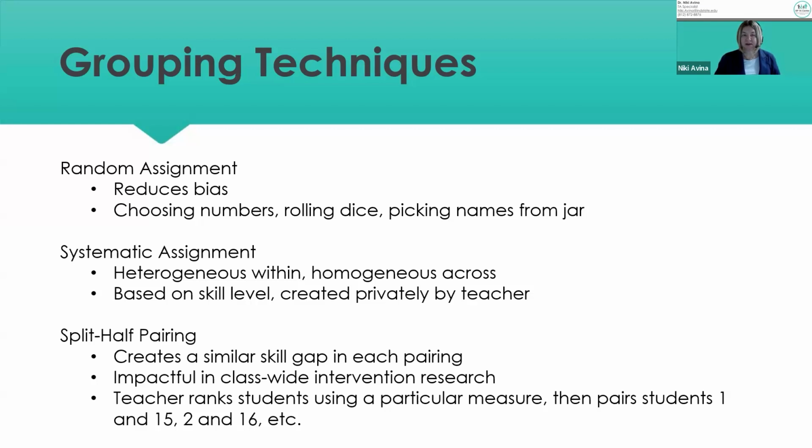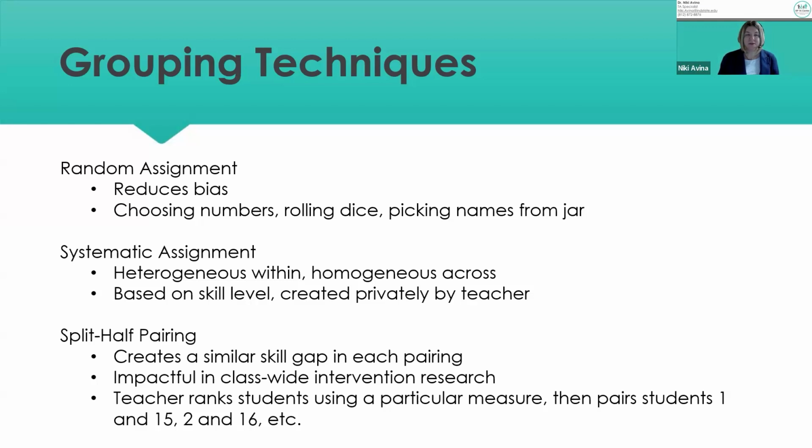Another is systematic assignment. When we use a systematic assignment, the goal for teachers would be to be heterogeneous within the group, but homogeneous across the different groups. So it can be based on skill level, and it's created privately by the teacher. That means that all students are getting those needs met across, but the particular small group has something in common.